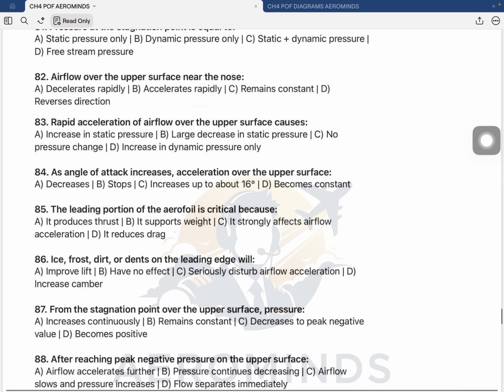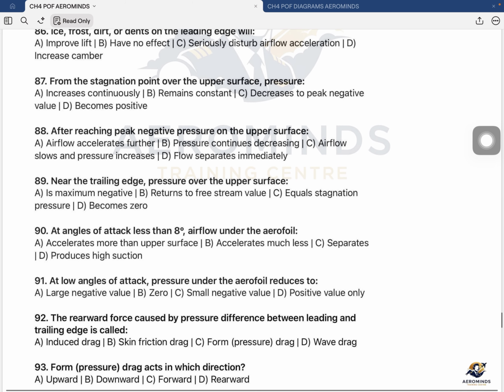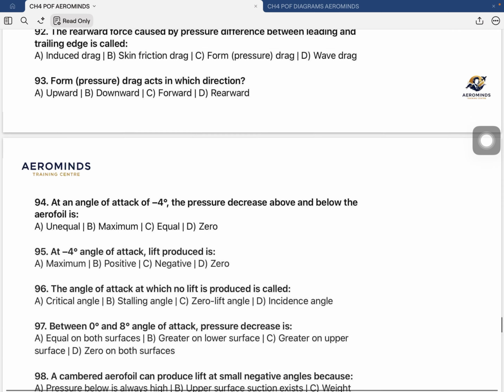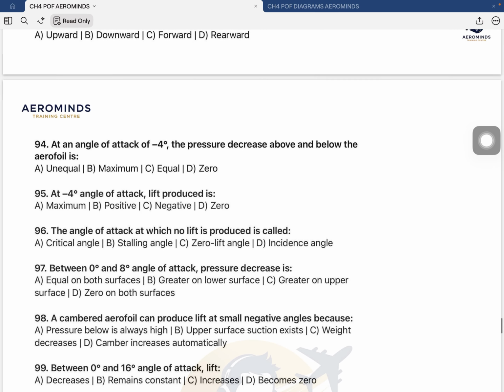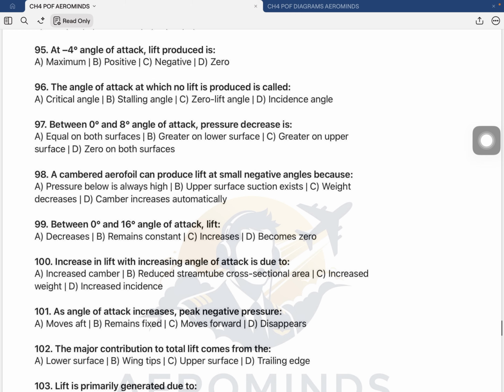Angle of attack increases, what happens to stagnation point, ice, frost, dust, everything, what affects the leading edge.